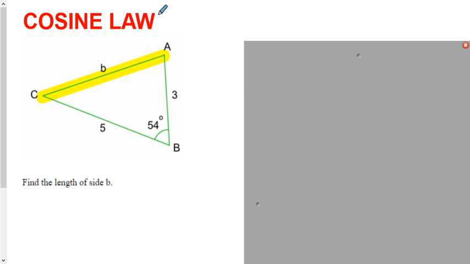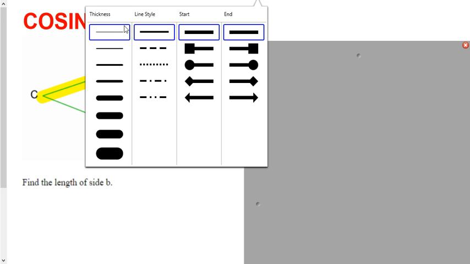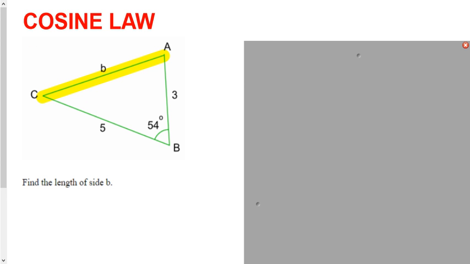So when I set this up, what am I going to do? I'm going to use my cosine law, and I'm going to write it out like this. I'm going to write the side that I want to know squared. Looks kind of like Pythagorean theorem when we do it. And then I'm going to write the two other sides, also squared.